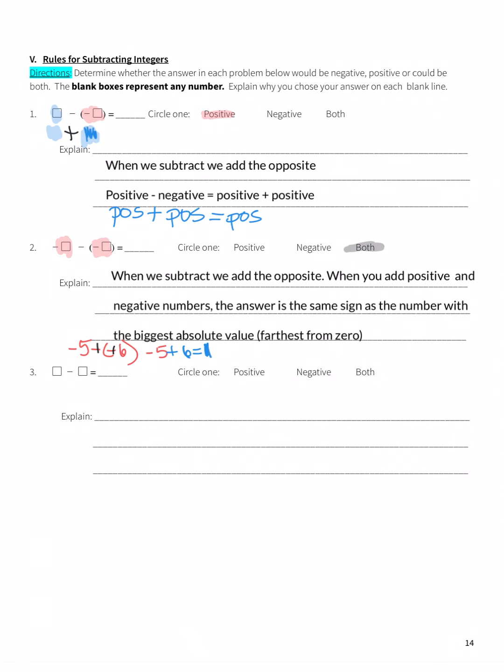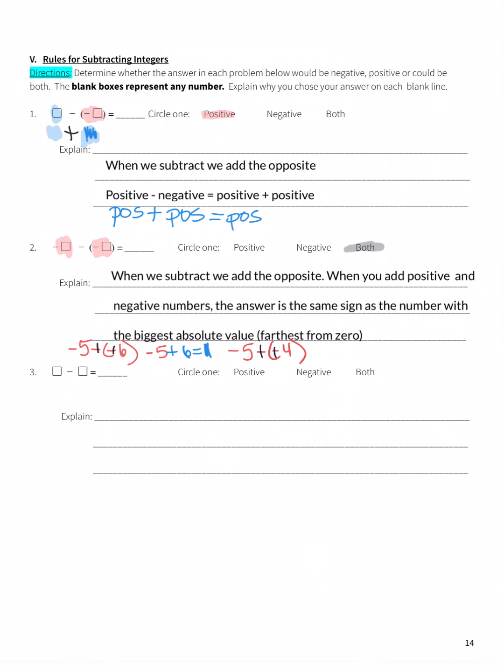Now, if we do it the other way, let's say we have -5 minus -4. All right, so we go ahead and we add the opposite, so click, clack.